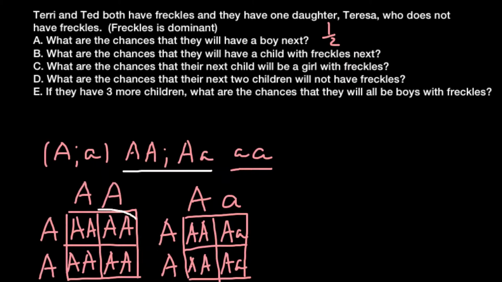So as in the first example, 100% of the progeny would be phenotypically with freckles.